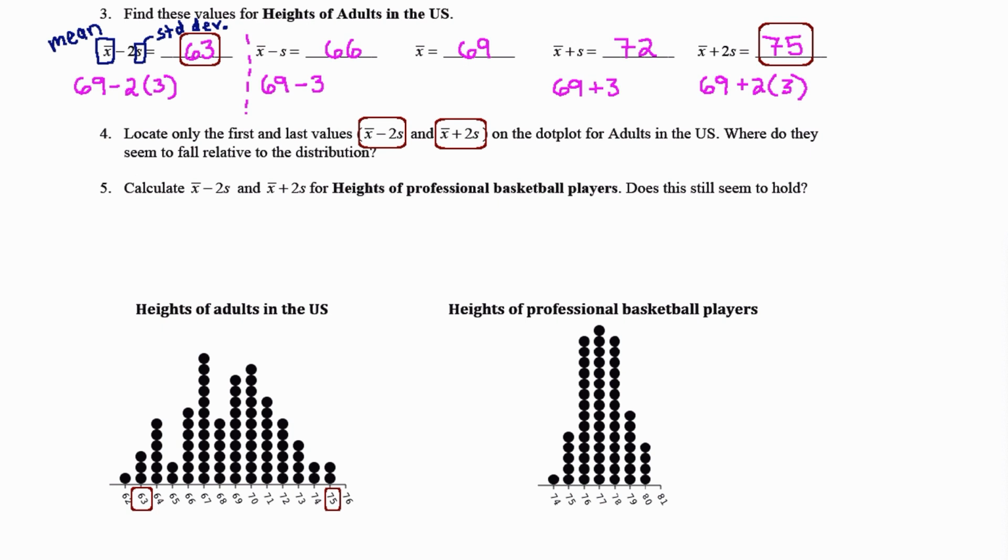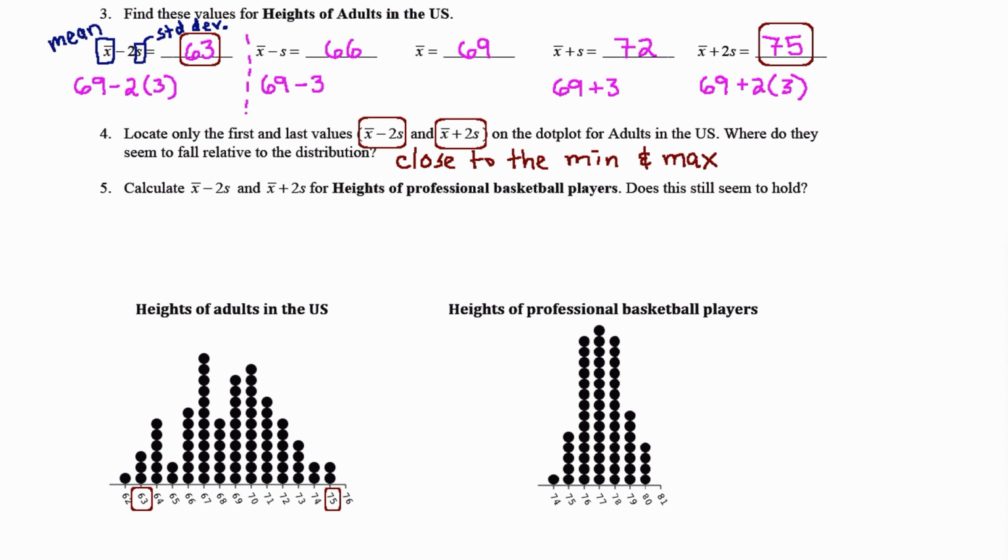We can see that those two values seem to be really close to the edges of the distribution, but they're not quite all the way at the min and the max. Well, the 75 does happen to fall exactly on the maximum value, but we can see that the 63 does not quite. So it looks like what we see here is that if we go 2 standard deviations below and 2 standard deviations above the mean, we get almost the whole distribution.